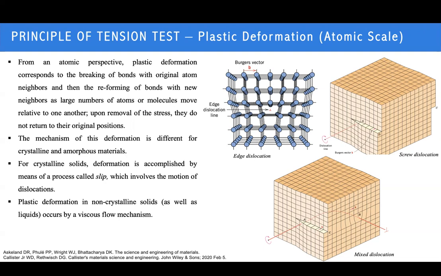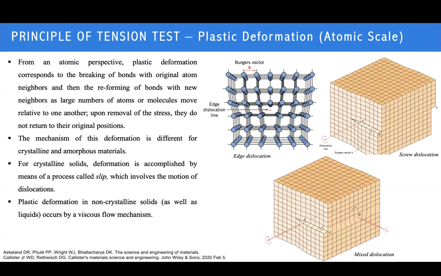Upon removal of the stress, they are not going back to the original shape because we already broke the bonds between atoms and are reforming new bonds. So there will be a new shape, a new nature of the material once we did the plastic deformation.